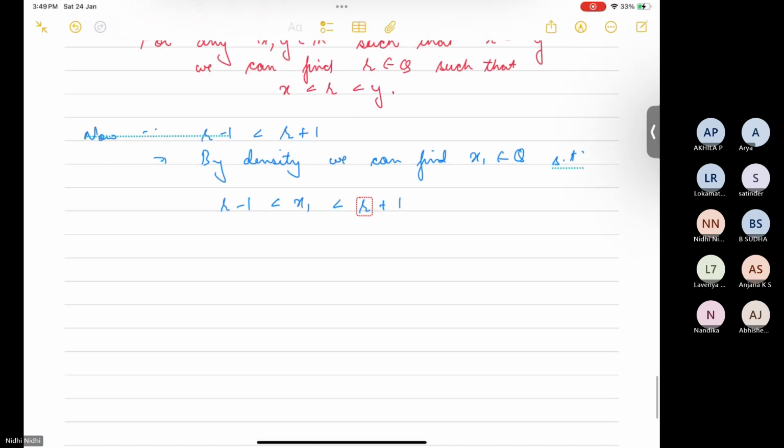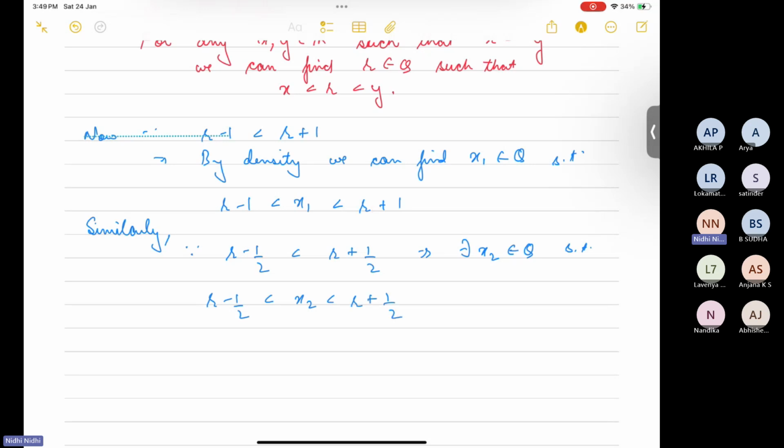Similarly, since R minus 1 by 2 is strictly less than R plus 1 by 2, there exists some x2 in Q such that R minus 1 by 2 is less than x2 less than R plus 1 by 2.